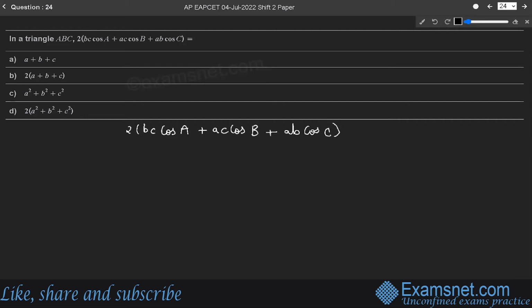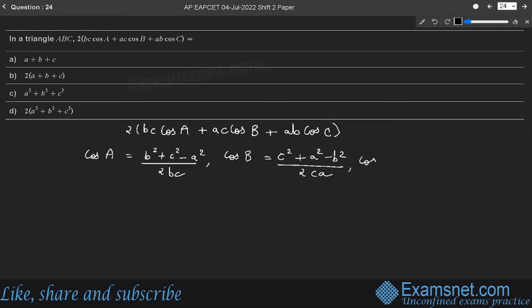So by using the cosine rule, cos A will be equal to B square plus C square minus A square divided by 2BC. Similarly, cos B will be equal to C square plus A square minus B square divided by 2CA, and cos C will be equal to A square plus B square minus C square divided by 2 into A into B. Now we have to put all these values in the given trigonometric expression.